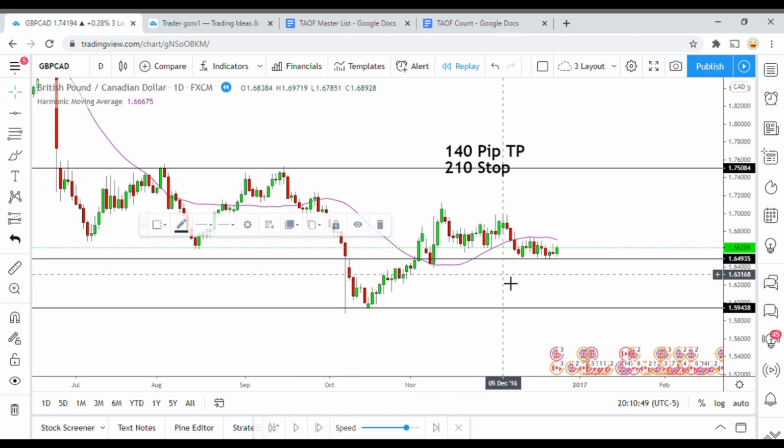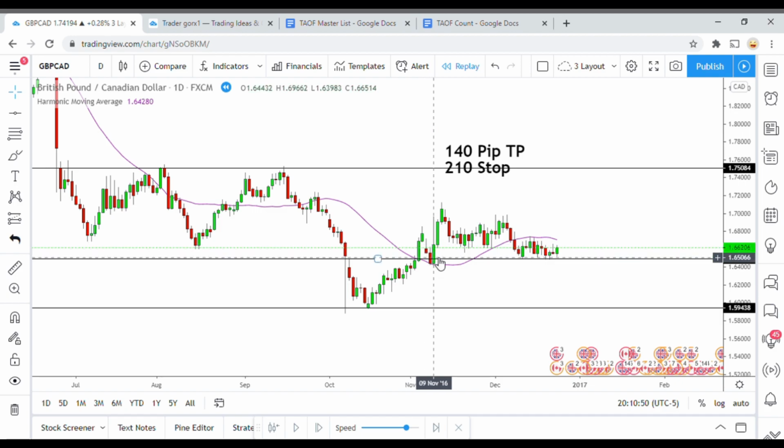From the bottom up, it looks like this area right here had multiple touches of price action. It's a little early to tell what's going to happen here, but it definitely had some kind of reaction to this area. It didn't come down and just blow right through it. It came down and is now bouncing off this area.